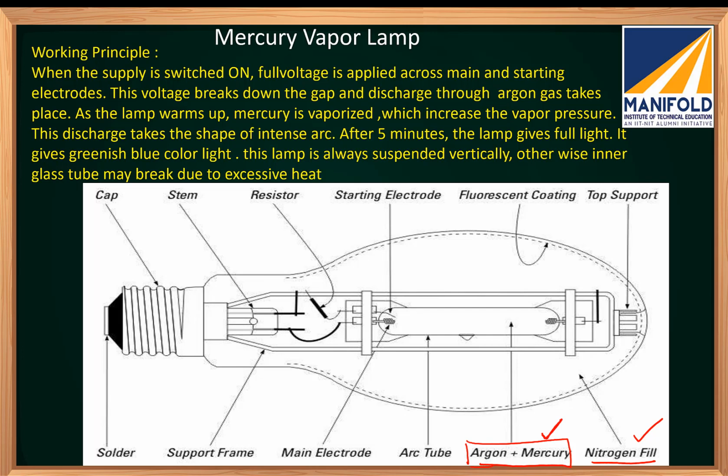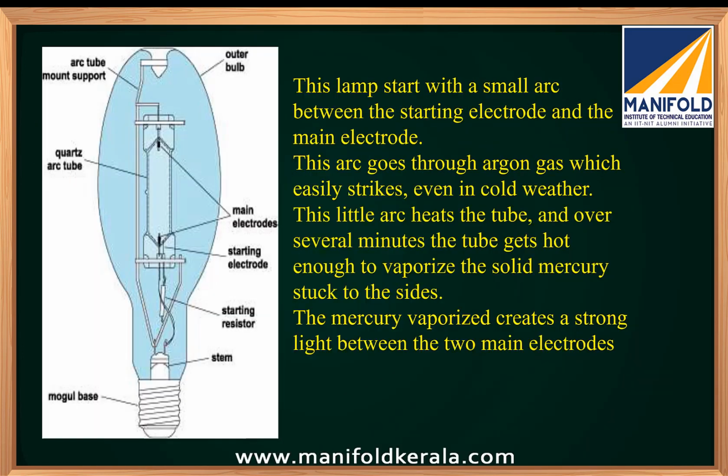Understand? So firstly, when full voltage is applied across the 2 electrodes, the argon gas breaks down and then mercury gets vaporized as the gas gets heated up, and a light arc is produced between the two electrodes.